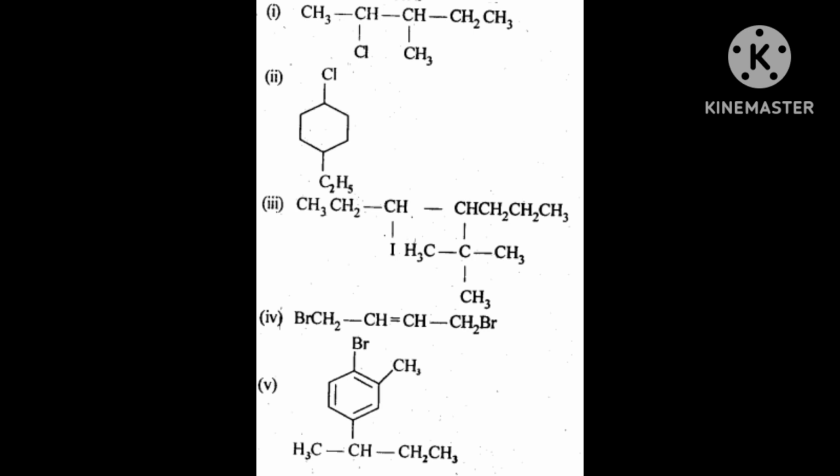It has not taken part in hybridization. Okay, like that way, when 1 s and 1 p orbital take part in hybridization, then it will form sp hybridization. The form after hybridization is called hybrid orbital.